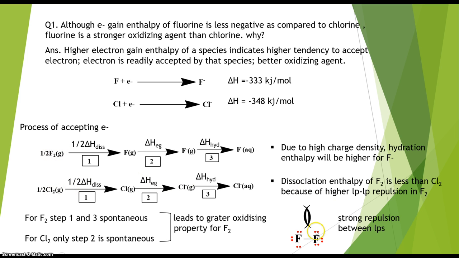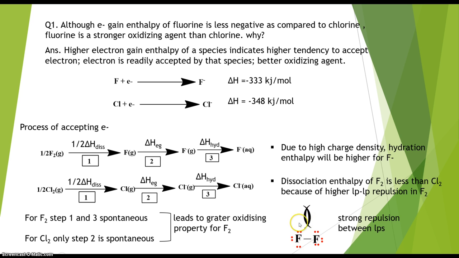Now if we look at the fluorine molecule, as we know fluorine is the smallest size atom, so this fluorine bond is a very short bond, right? Since the fluorine bond is very short, obviously we can expect that there will be highest repulsion between the lone pairs of fluorine atoms, which leads to weakening of the fluorine-fluorine bond.